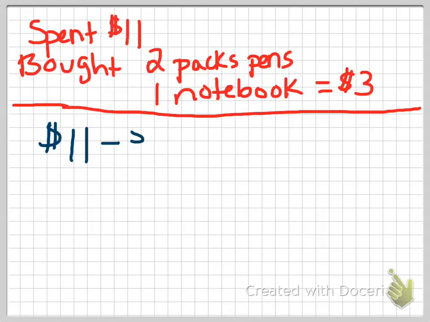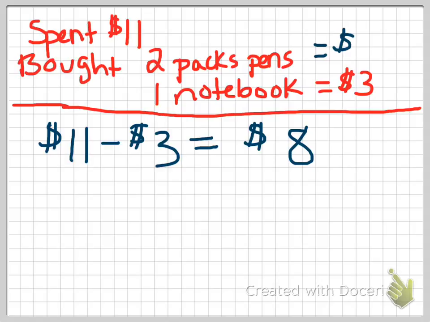I'm going to take away the $3 from the notebook because since I'm trying to find the price of the pack of pens, I need to take away the parts that I already know, which is the notebook. $11 minus $3 is going to give me the cost of 2 packs of pens, which is going to be $8. So I can write in my $8 up here.